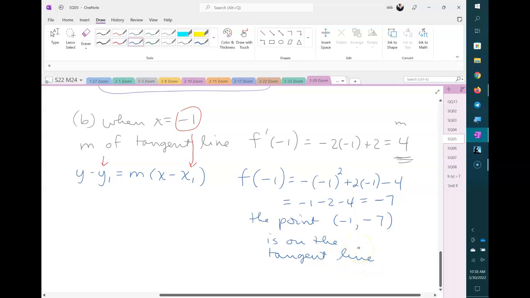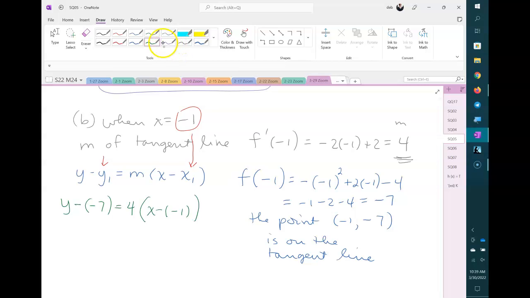So now I have all the pieces I need. y minus y1 is negative 7. The slope is 4. x minus negative 1 is the x I was given. So now I'm going to have y plus 7 equals 4 times (x plus 1).